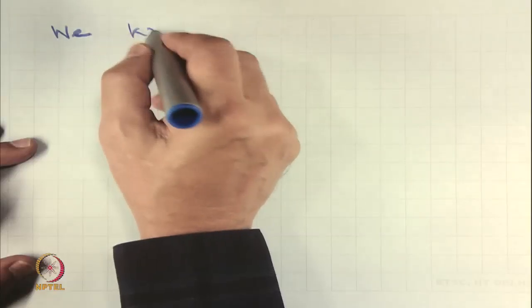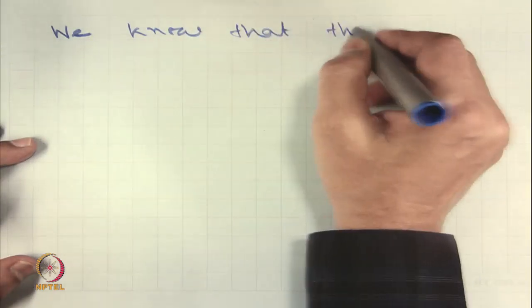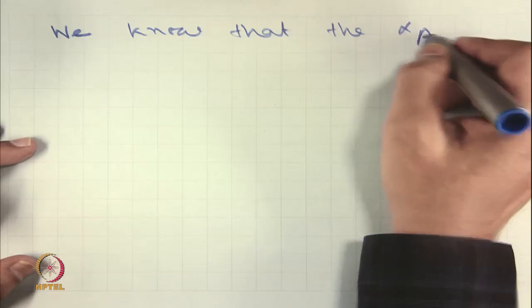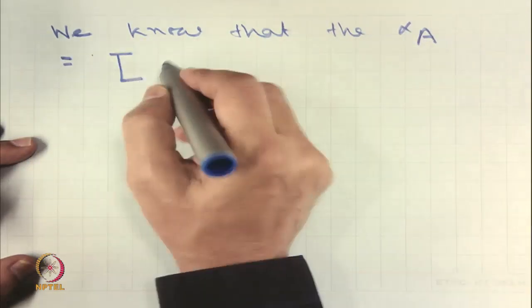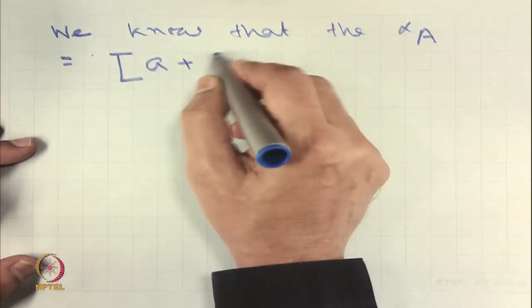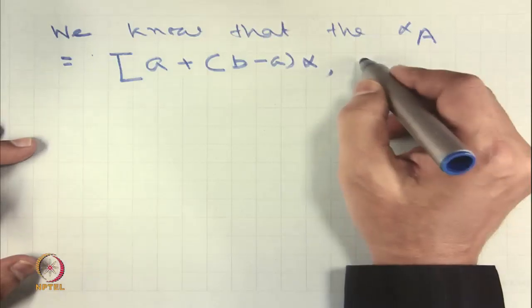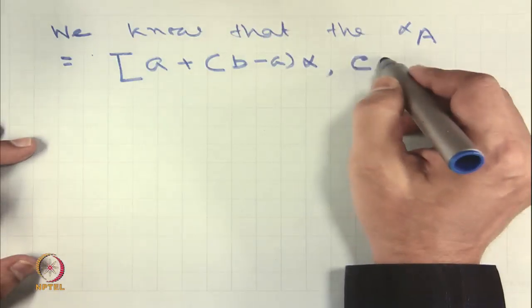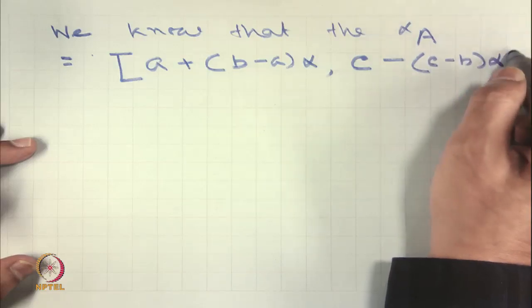We know that the alpha cut of A is equal to A plus B minus A alpha comma C minus C minus B alpha.